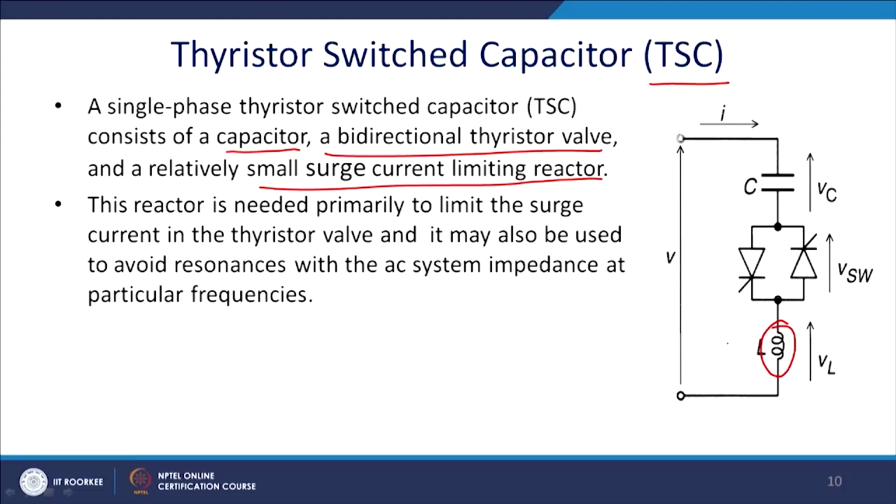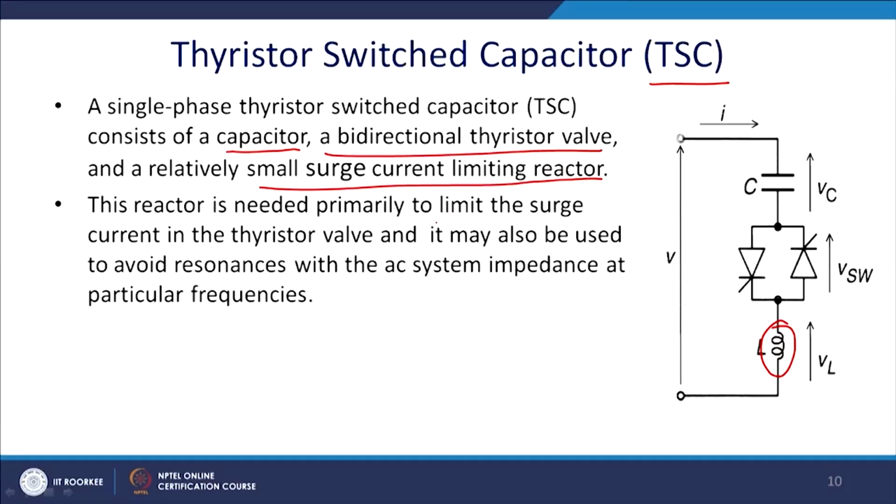An inductor is required to be placed to block the high inrush of current into the thyristor, and generally the capacitors will be switched on and off, and thus it will mostly deliver power instead of absorbing power, and it will control the reactive power in that fashion.